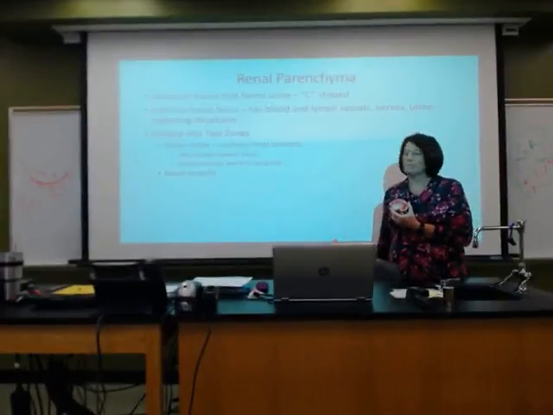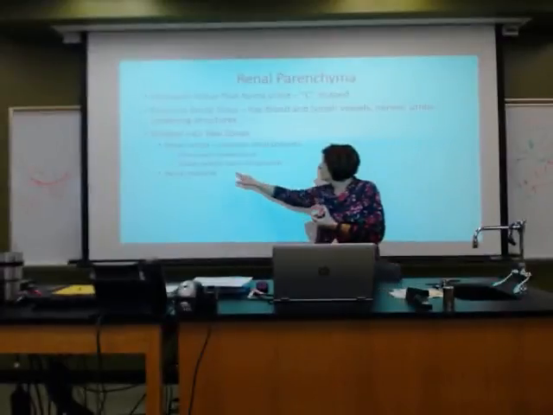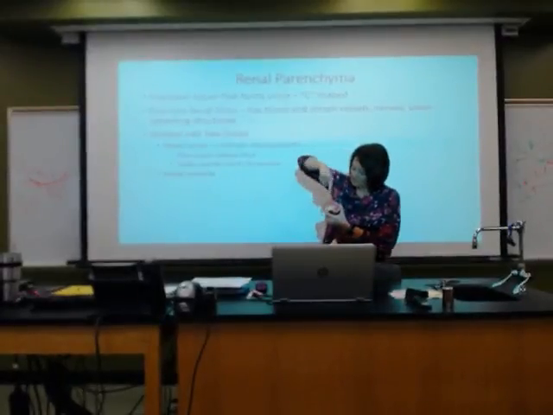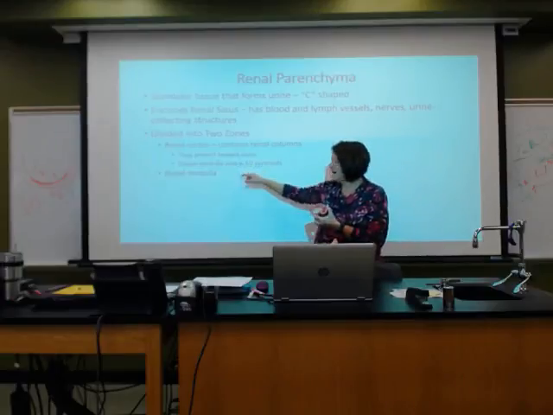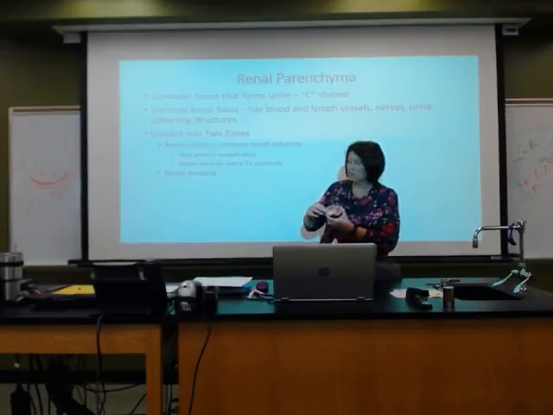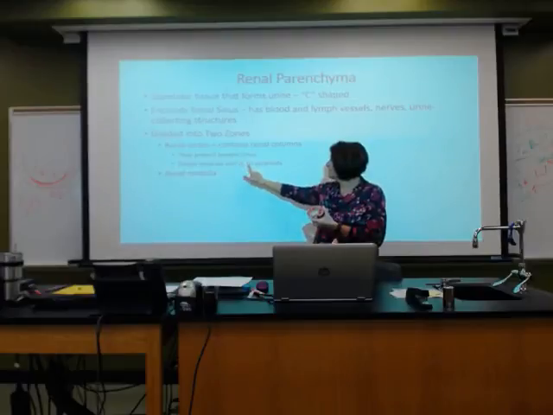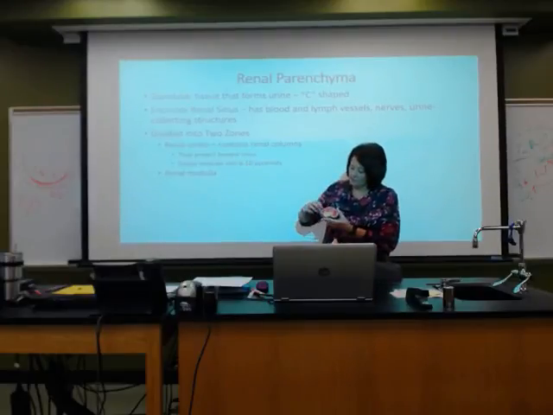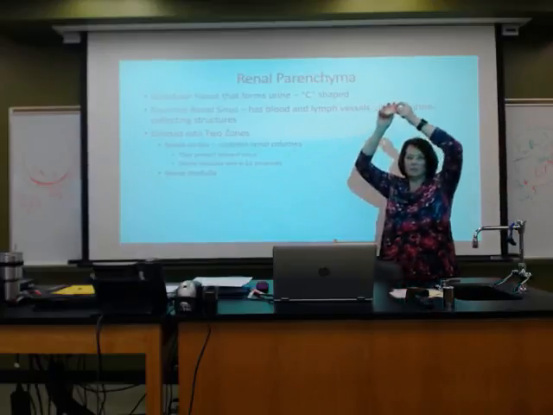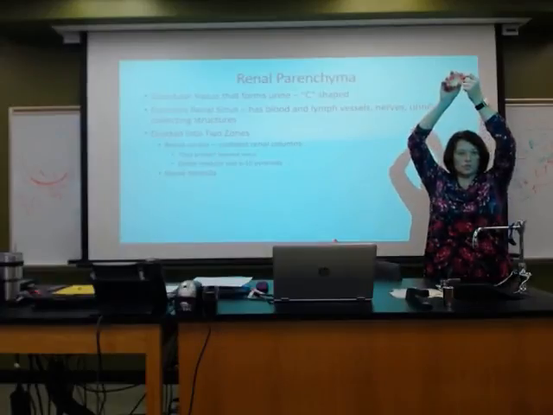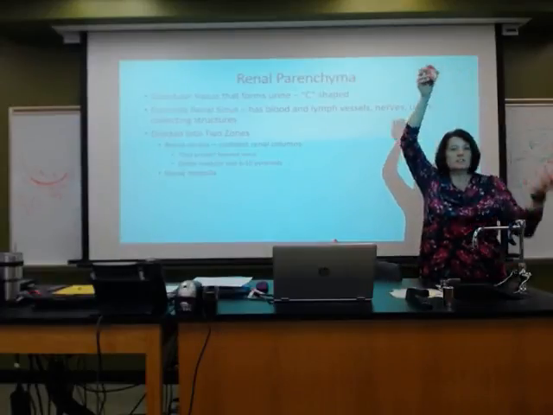That's your column. This projecting downward divides this medulla portion into 6 to 10 pyramids. Each one of these red lined areas is representing a pyramid, because they're shaped like a pyramid.